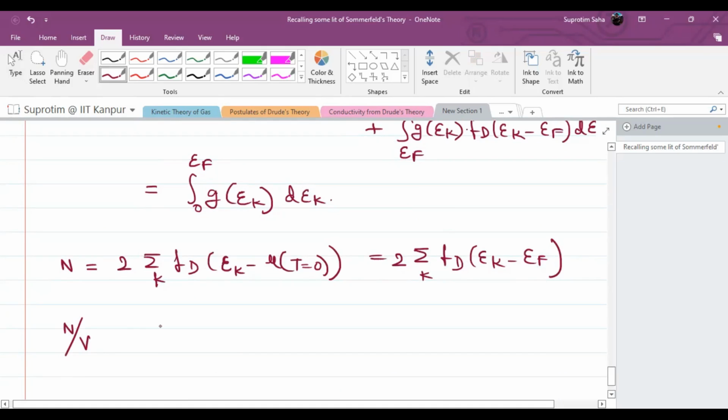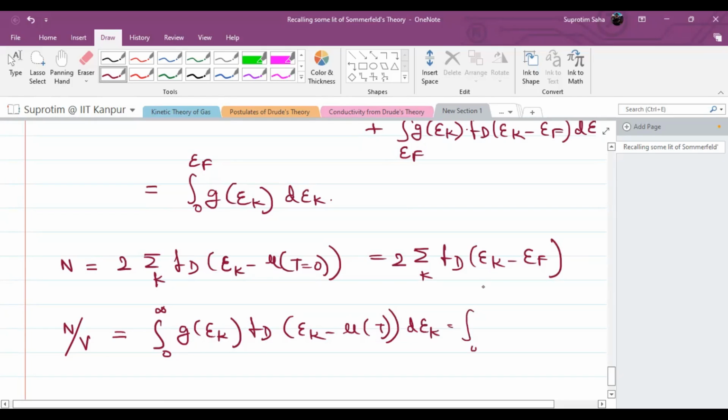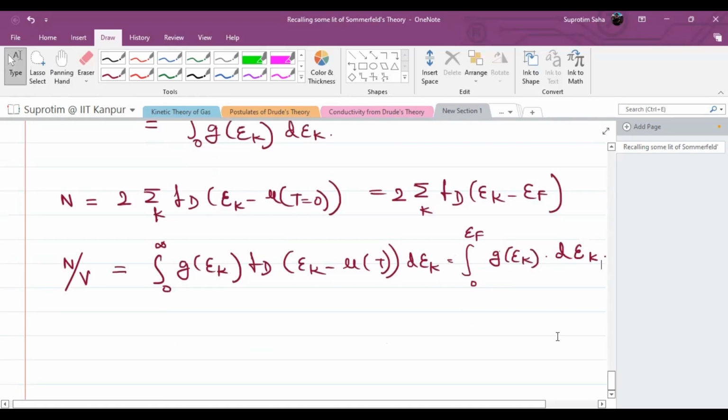So n by v was the integral from 0 to infinity of g of Ek, which we just wrote, Fd of Ek minus mu at a finite temperature d of Ek, which is equal to the integral from 0 to Ef of g of Ek times d of Ek. So this is what we get.